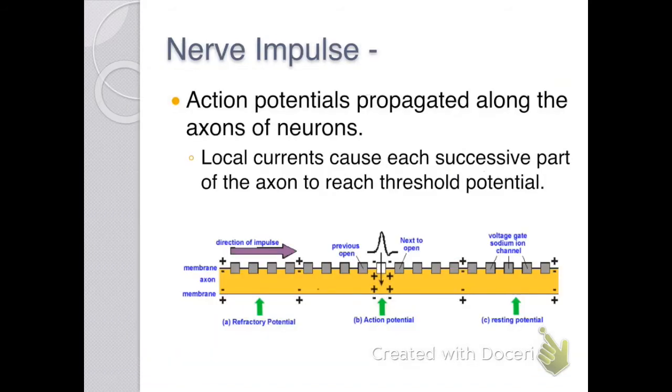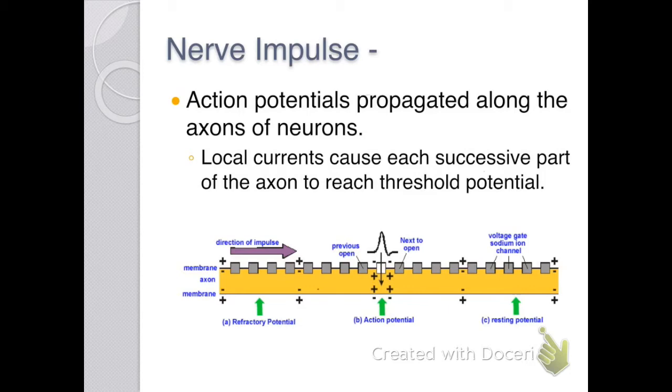Okay, so we've seen resting potential, and we have seen action potential, which, remember, involved depolarization and repolarization. Now, that was just happening at one site on the neuron. In order to get a full-on nerve impulse, the action potential has to be propagated along the entire length of the neuron.